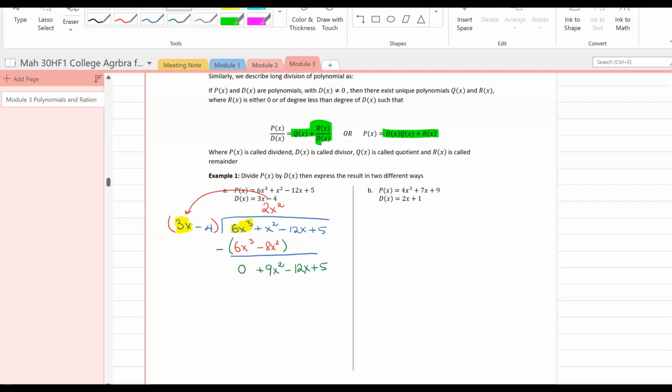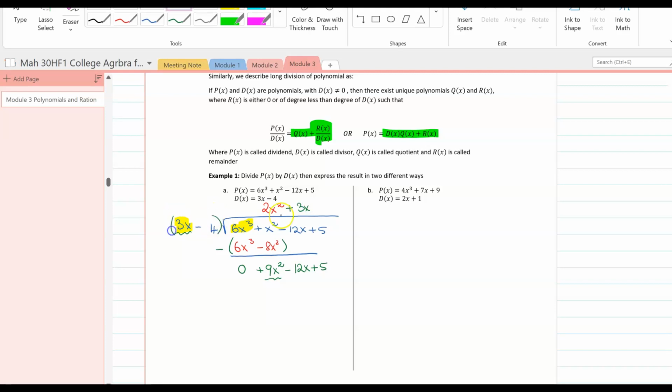Okay. So the next step is to look at how many times 3x goes into 9x squared. 3x goes into 9x squared 3x times, so plus 3x.